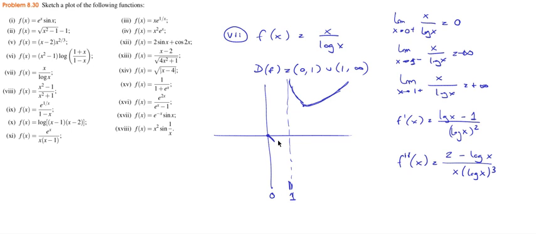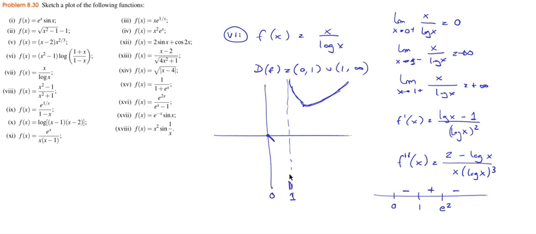Let me say 0, 1, and e. When the logarithm of x is 2, this is 0 at e squared, right? So this is 0, 1, e squared. Between 0 and 1, the numerator is positive, but the denominator is negative, so the second derivative is negative. Between 1 and e squared, everything is positive, so this is positive. And after e squared, the numerator is negative and the denominator is positive, so this is negative.